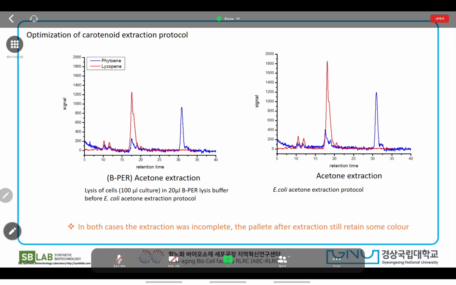We have tested it on very small cell pellets and they work pretty well. If we start extraction with lysozyme, yes, it will be effective, but it may be a longer process compared to other extractions. Okay.